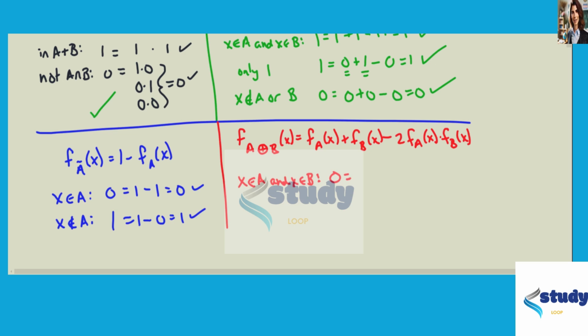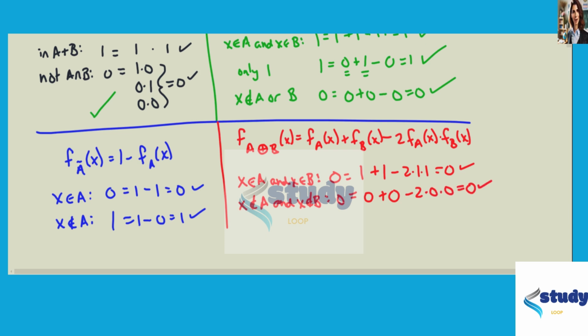So if we're in both of them, the first element will be 1, the second one will be 1, and then it'll be 1 plus 1 minus 2 times 1 times 1, and that does equal 0. So it works. What if x is in neither? It's not in A and it's not in B. Again, I would expect that to be 0. And I actually do get that because it's not in A, it's not in B, and it's not in A or B. That gives me 0.